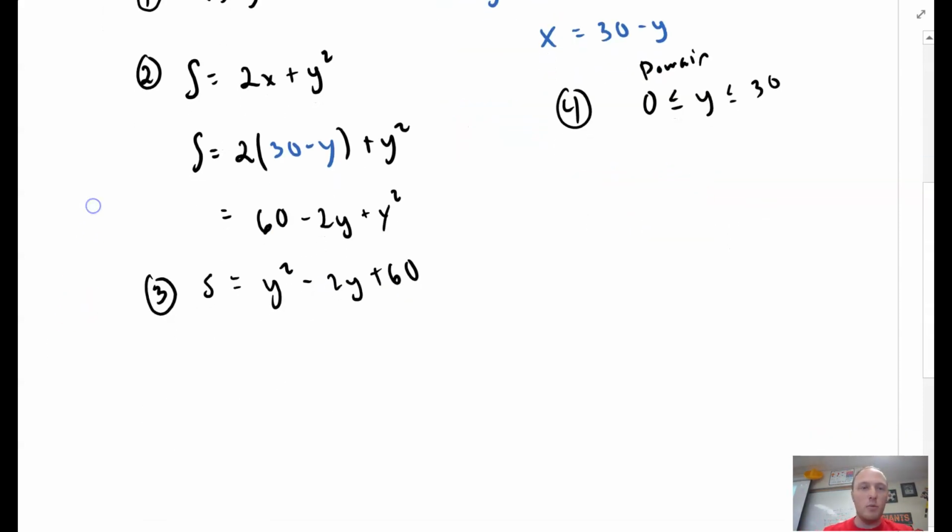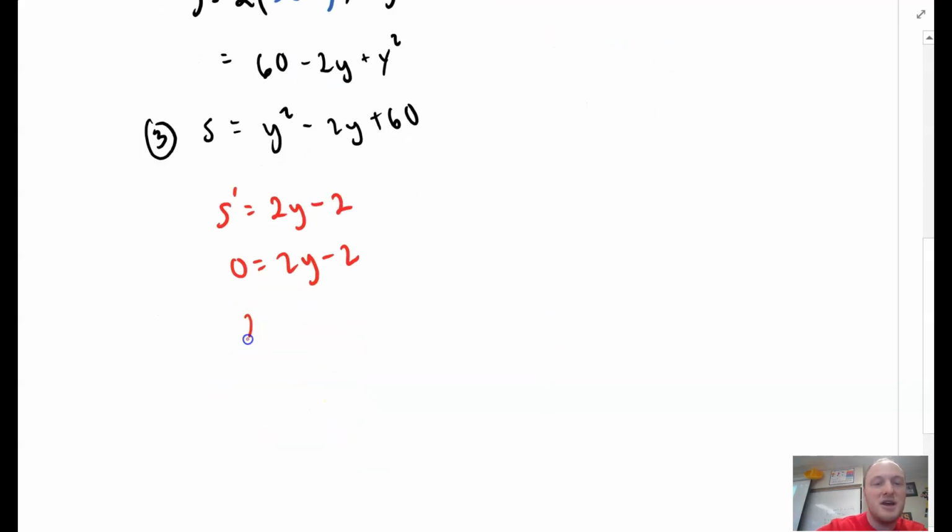Then we take the derivative of s. The derivative gives us s prime is equal to 2y minus 2. I want to set this equal to 0 to find our critical numbers, where our max and our min could live. And we get y is equal to 1.